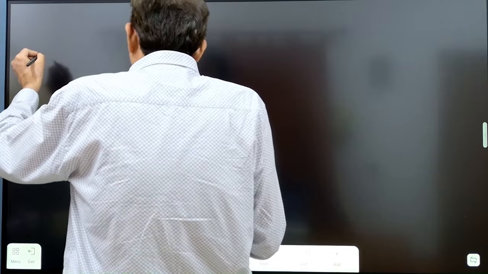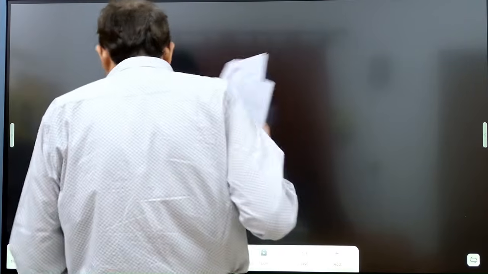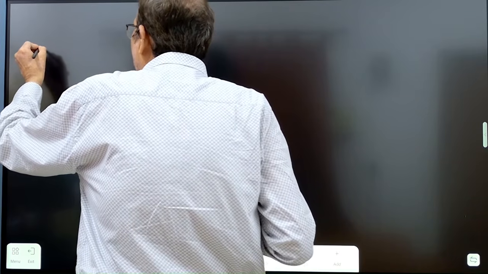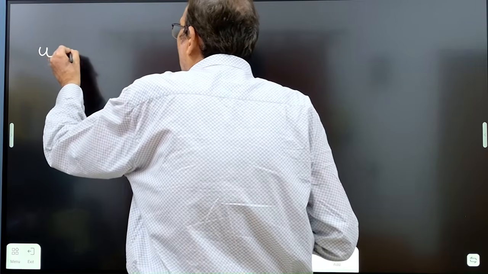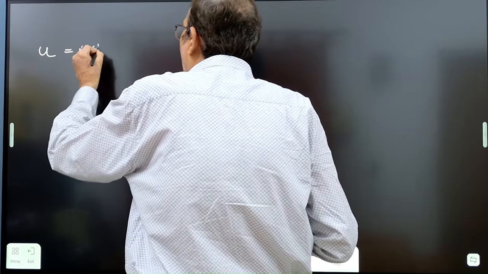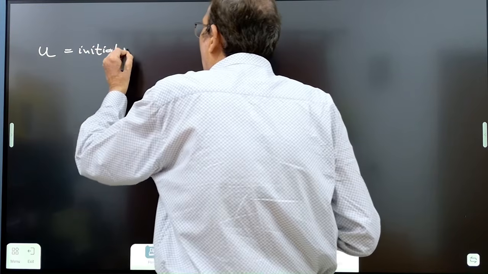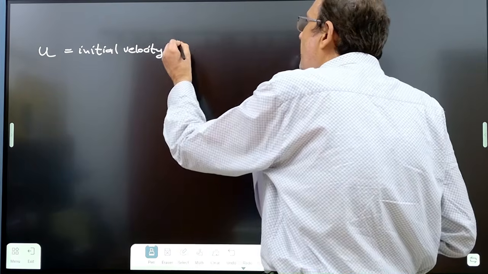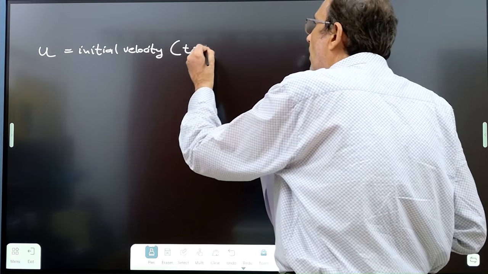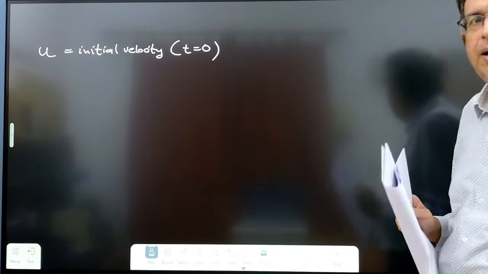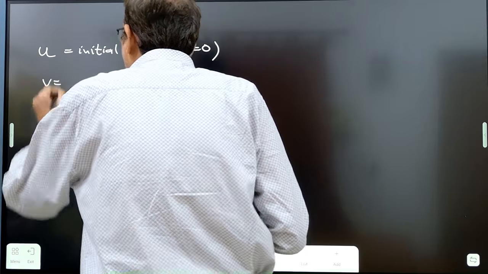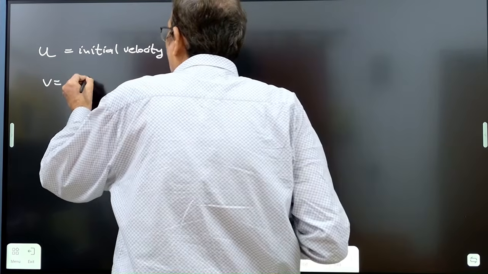Let us say there are a few variables. So u is one variable, called the initial velocity, at time t equal to 0. Similarly, you have another variable, v, which is the final velocity.